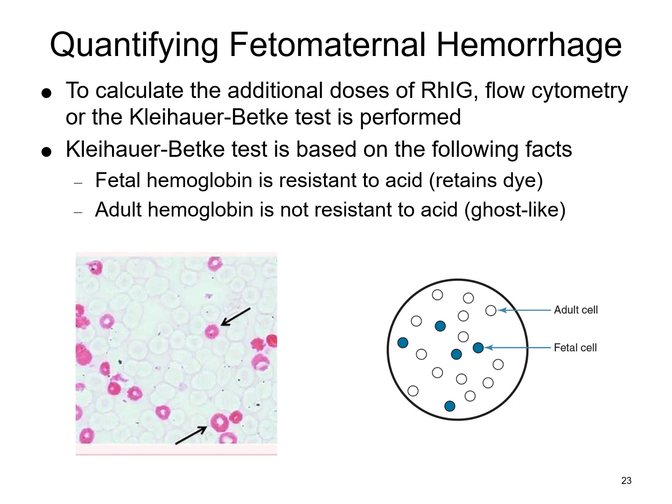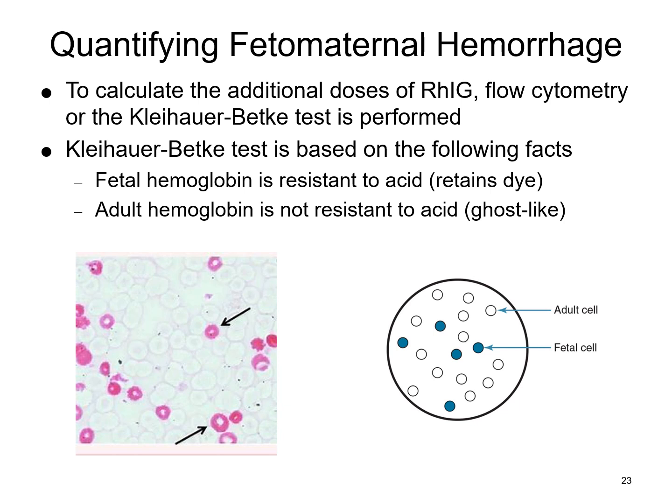So what you're looking for when you do this Kleihauer-Betke test, now it's a staining procedure where you'll make a smear with that maternal blood, do the staining process, and then you're looking for the number of adult cells versus the number of fetal cells, and you're going to get a percentage of how much of a bleed you have present, how much of those fetal cells have bled back to mom.